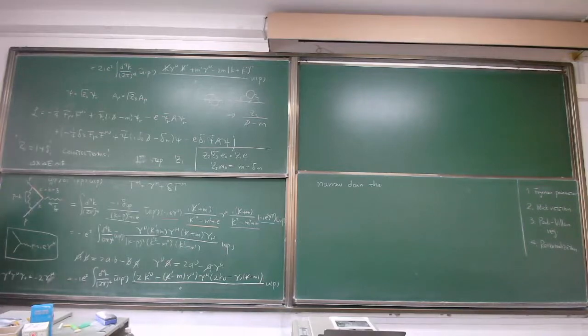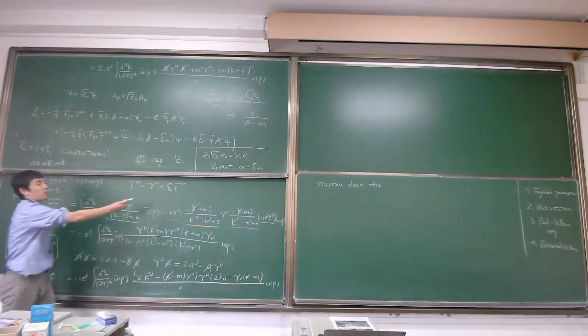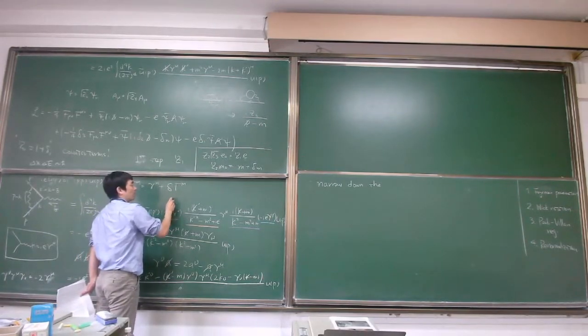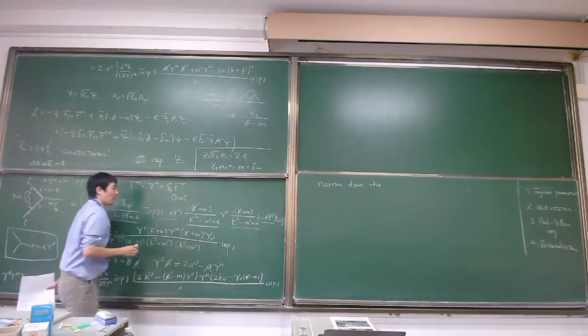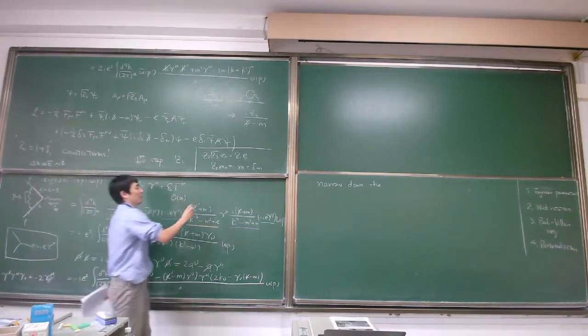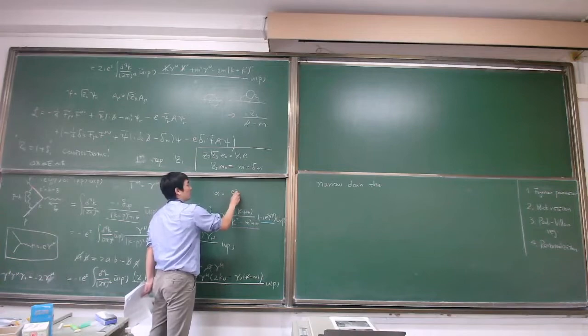So leading order, as you know, times ie maybe, times ie. So leading order is just the ordinary gamma matrix, gamma mu. And then this delta gamma mu is order alpha. Order alpha means alpha is of course equal to e squared divided by 4 pi.